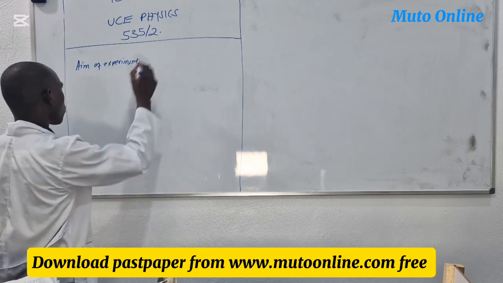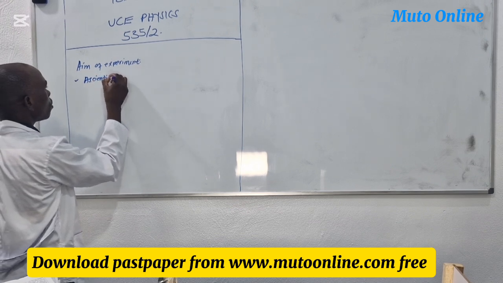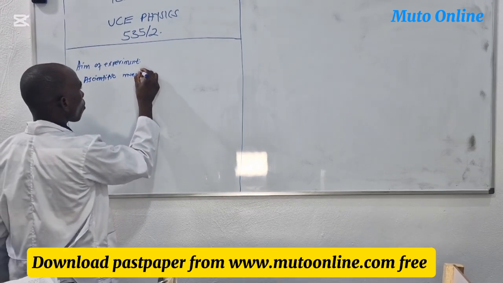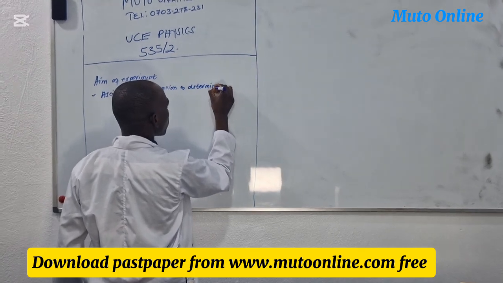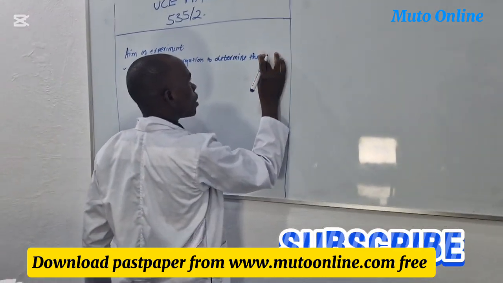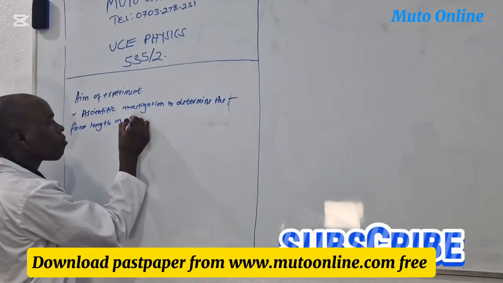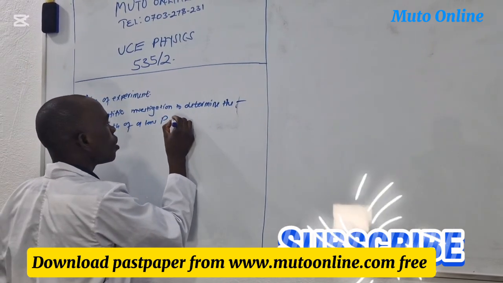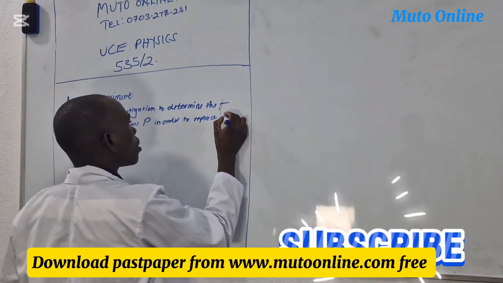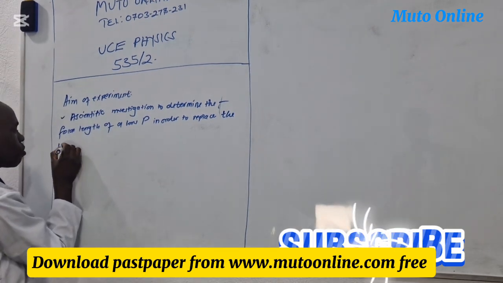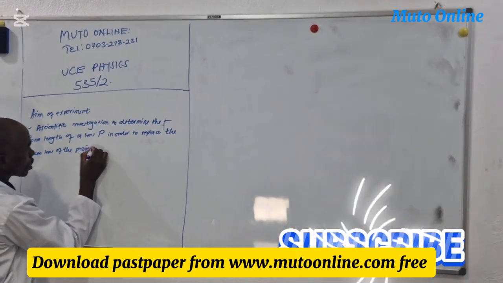So the aim of the experiment: we shall use a scientific investigation to determine the focal length of a lens P in order to replace the broken lens of the projector.